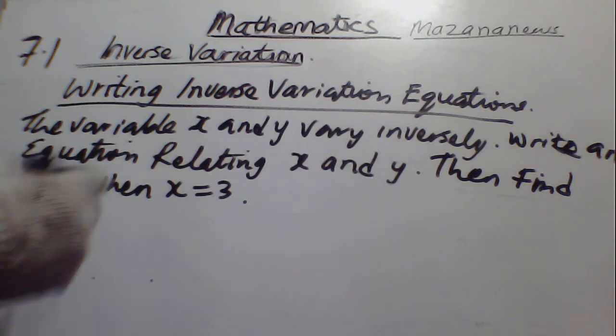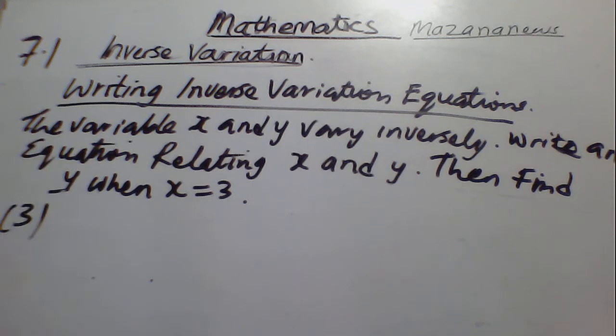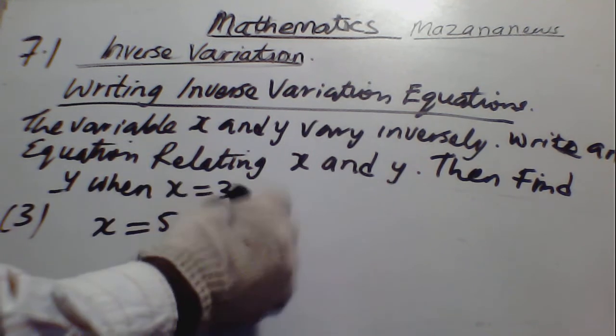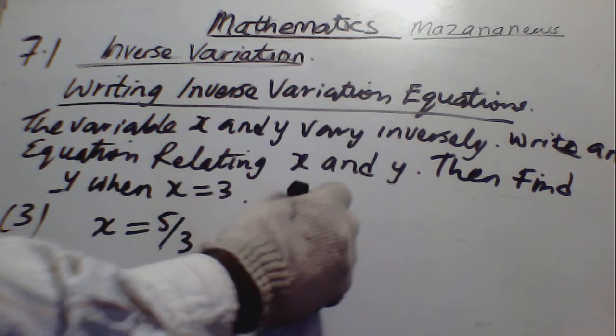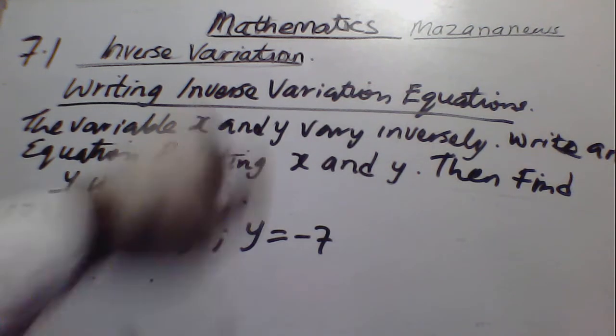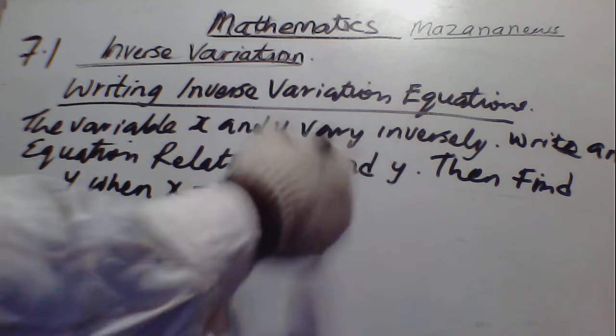So the third one, you are given that x is equals to 5 over 3, y is equals to minus 7. So you are required to write the equation relating them. We are still in inverse variation.